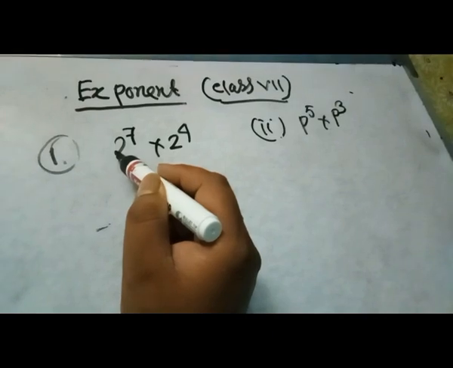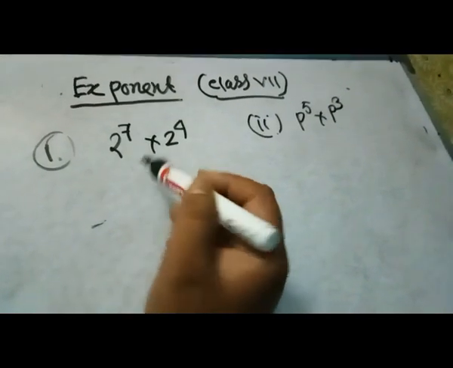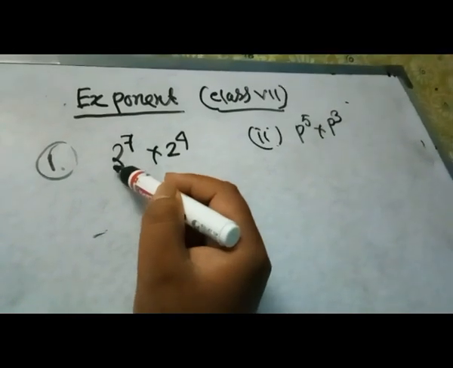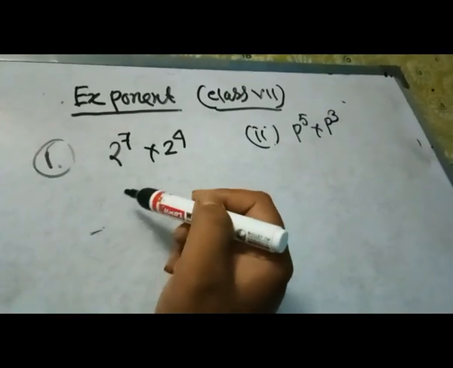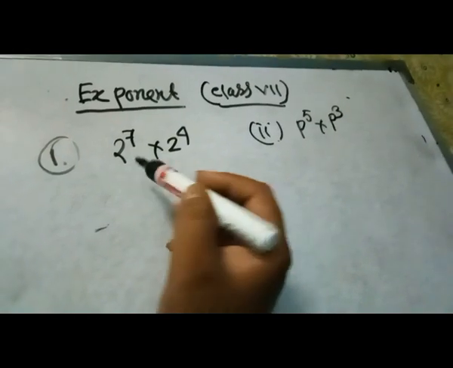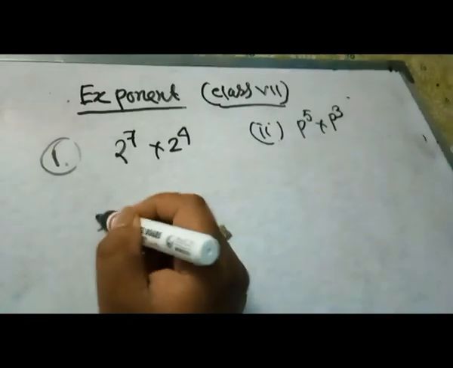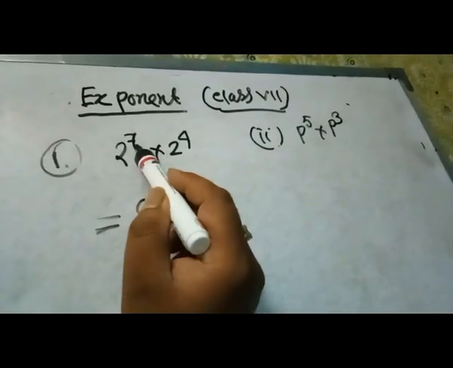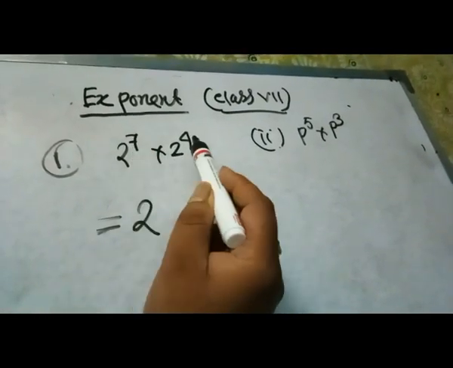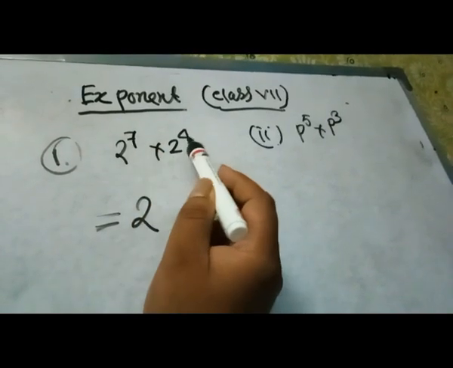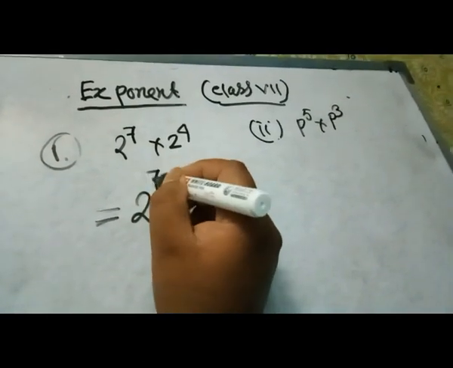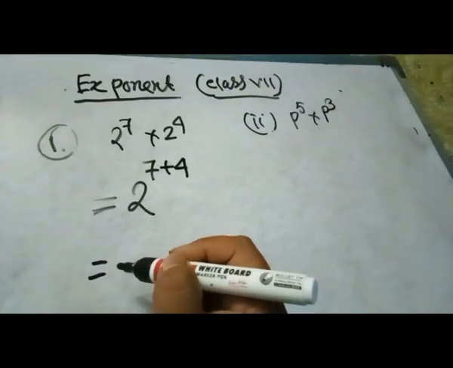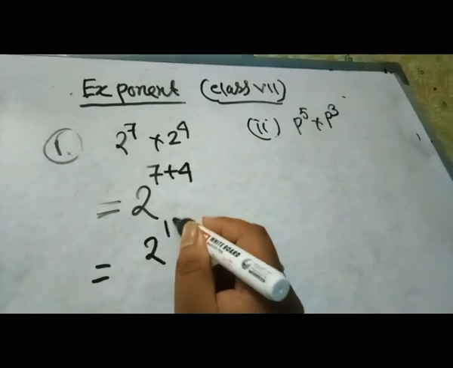Since both the bases are equal, as per the rule of exponents, I can go for the addition of the powers. Here both the bases are 2, that's why 2 will be written first. Then what is the power? One power is 7, the other power is 4. These two powers we have to add, meaning 7 plus 4. How much is coming? 2 to the power 11 is coming.